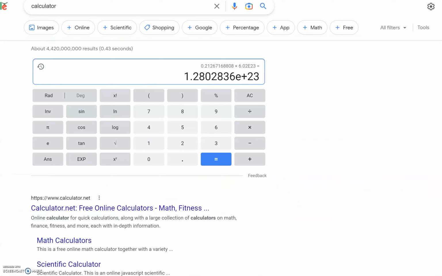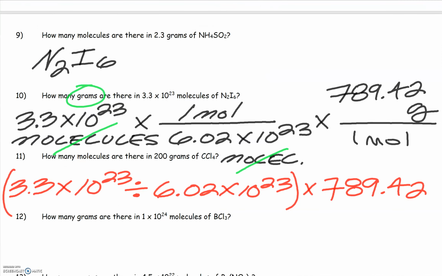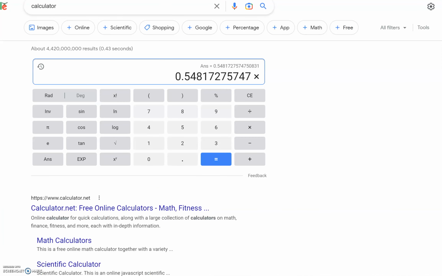So if we go to our calculator, that 3.3 exponent 23 is what you're after, divided by 6.02, and then we'll hit equals, and then we're going to multiply by 789.42, and you're going to get 432.7.